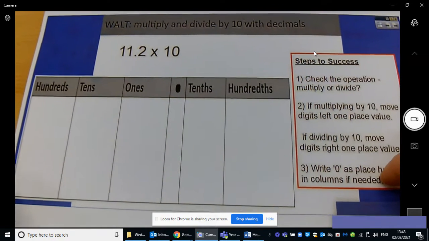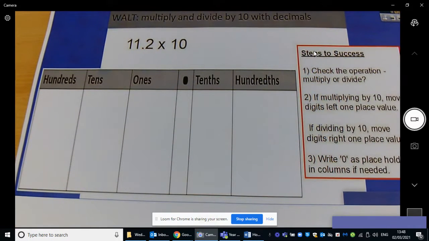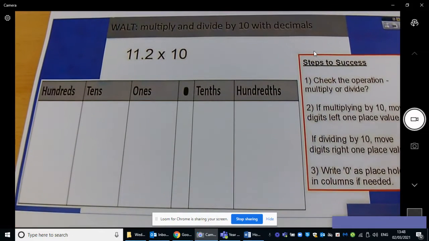So I know you guys are really comfortable with multiplying numbers by 10 and by 100 when we're looking at whole numbers, but you won't have done it yet whilst looking at decimals. So, as an example, 11.2 multiplied by 10. Now, the first thing I'm going to do is represent this using these counters here.